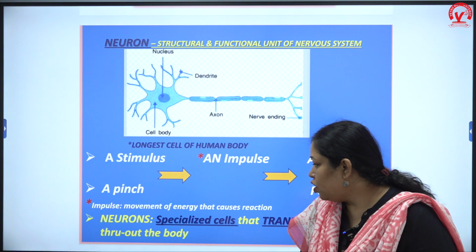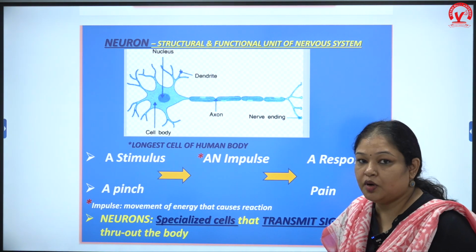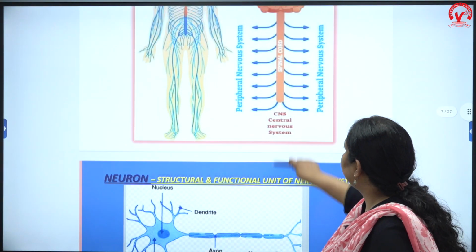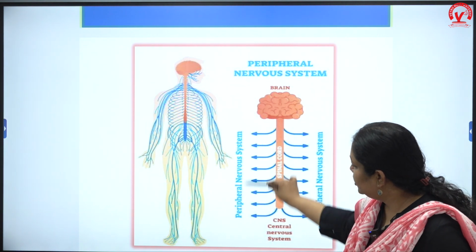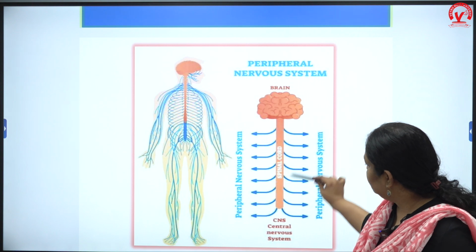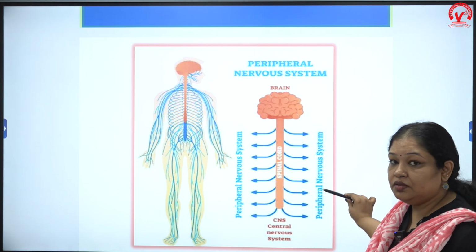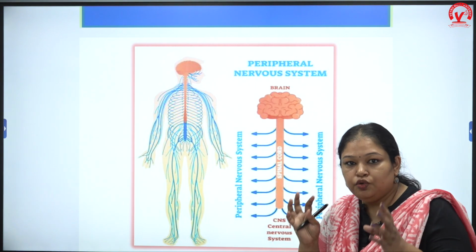We have neurons, which are specialized cells that transmit signals throughout the body. So when we see over here, how do you think these things are connected? The peripheral nervous system needs to be connected to the brain, and the brain needs to be connected to the peripheral nervous system. So you have tiny neurons.